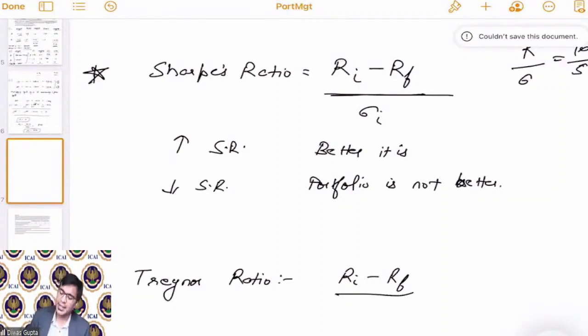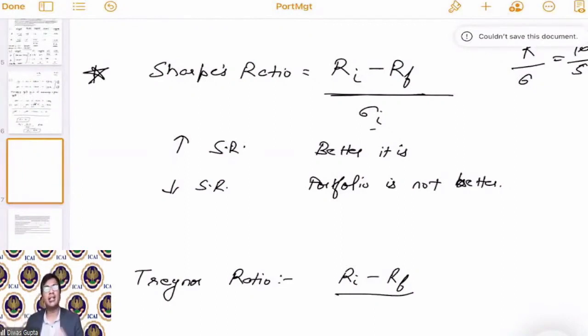But he says that instead of dividing it by the total risk, let us only divide it by the systematic risk. Correct? Because he's saying that unsystematic risk can be diversified away. Why look at total risk? We will see only systematic risk, and systematic risk is calculated using a factor called beta.